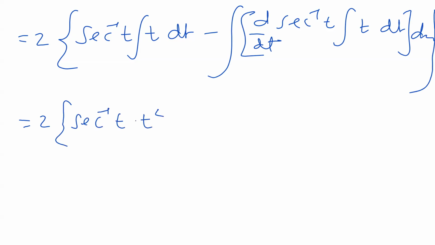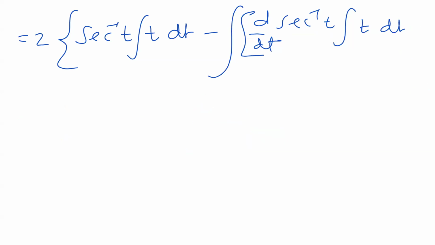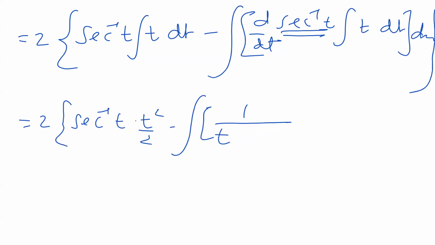Sec inverse of t, t square by 2, minus integration of sec inverse t, which is 1 upon t root t square minus 1, and this is t square by 2 dt.